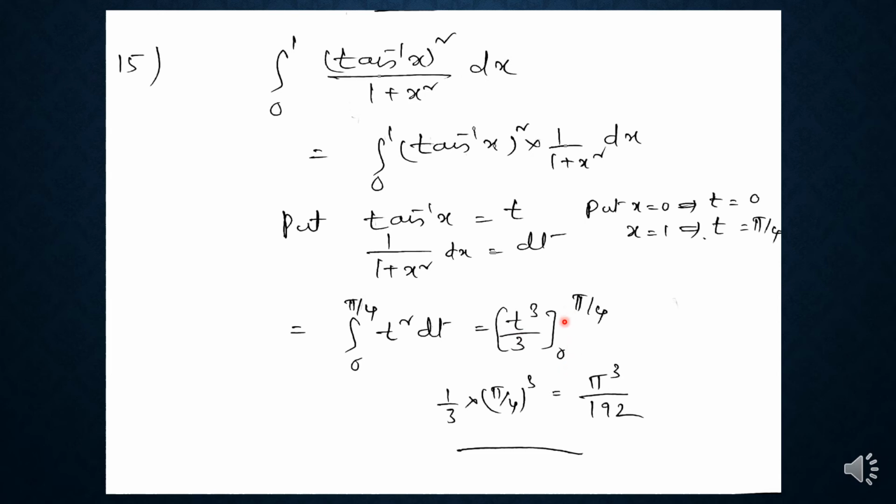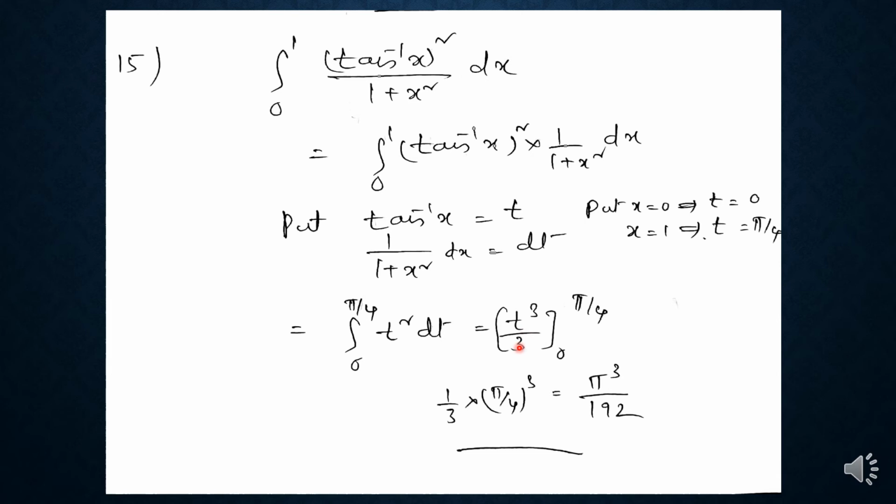After integrating the function, we can substitute the limits. The upper limit is pi by 4, put in the place of t: 1 by 3 into (pi by 4) whole cube, minus, if we put t is equal to 0, this term becomes 0.